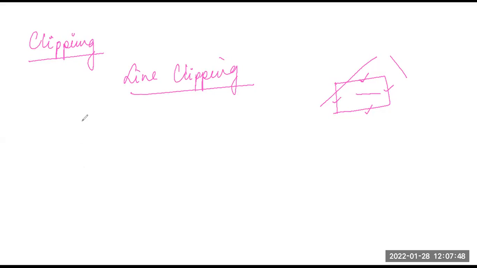So several segments of lines are there. One concept is the totally visible line. That means both the endpoints of the line segment lie within the window. This is one example of a visible line segment. Another is the non-visible line. That means both the endpoints of our line lie outside our window. This is the example of that line segment. Another is the partially visible line.